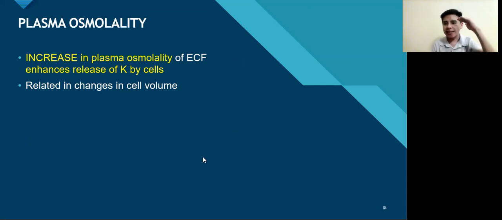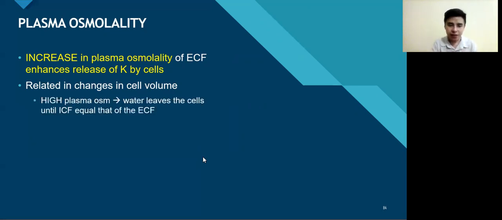If there is high osmolality in the ECF, will there be water movement? Yes. Water will move from inside the cell going outside the cell, because there is higher tonicity outside. So the volume inside the cell decreases.